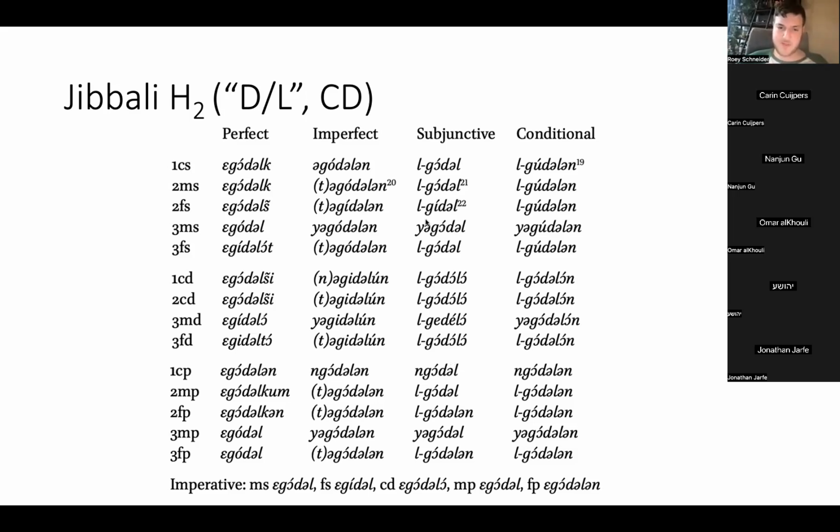So once again, we see that the T is dropped. And first time, we see this suffix in the imperfect. And it appears in some verbal stems in Modern South Arabian.